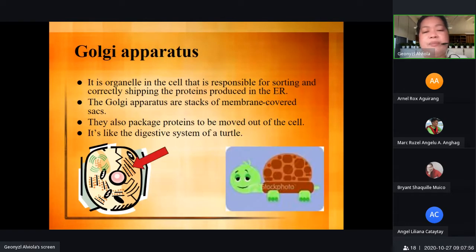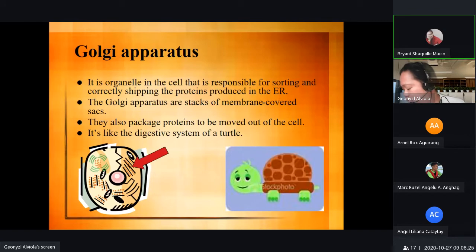Okay, Golgi apparatus. Question first before we proceed. Which endoplasmic reticulum synthesizes lipids and which synthesizes proteins?